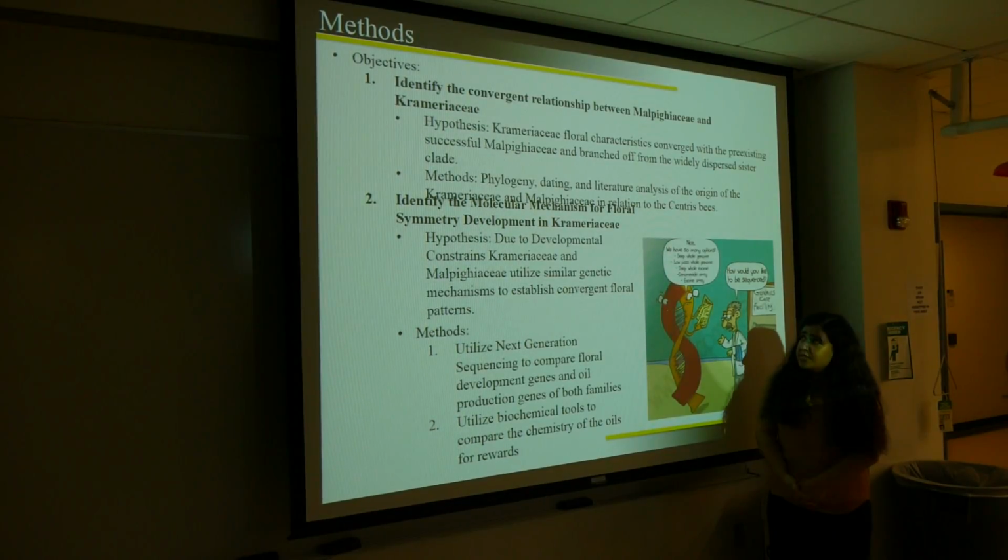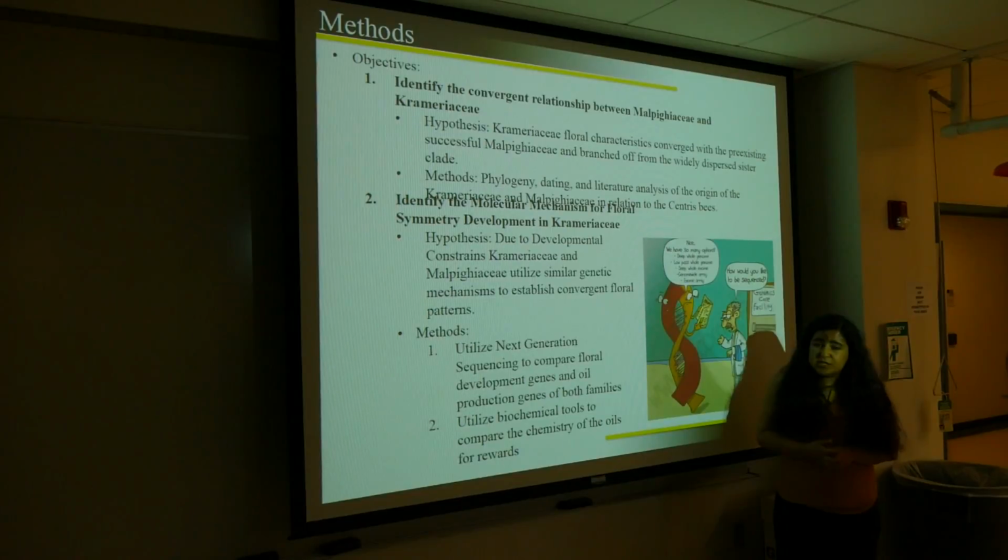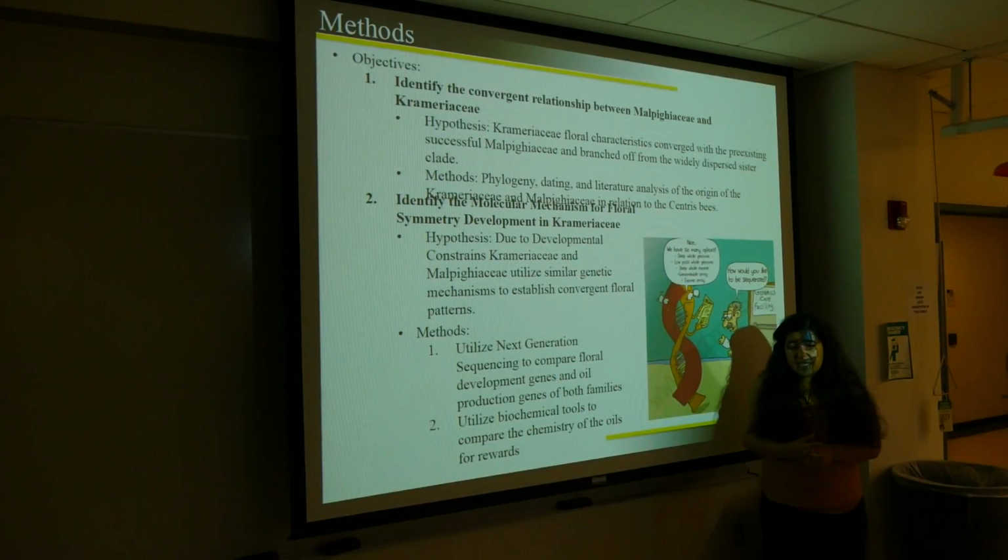My second objective is to identify the mechanism for floral symmetry development, and specifically not just the symmetry development, but the lipid development. How are these lipids being produced? Are they similar to what the Malpighiaceae produce? To do this, we are proposing next generation sequencing, where we take messenger RNA and sequence it to see what is being expressed in the flower during development to produce these structures.